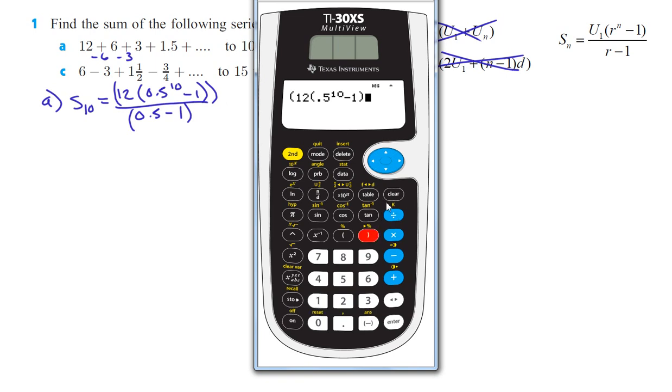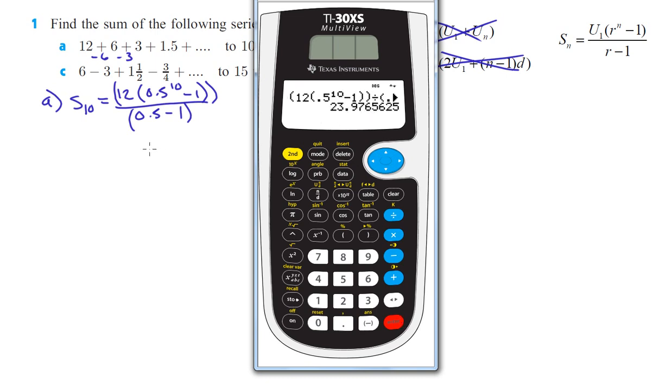I want to double parentheses that, and I'm going to divide this all by 0.5 minus 1, with parentheses, and that should give us the right answer.